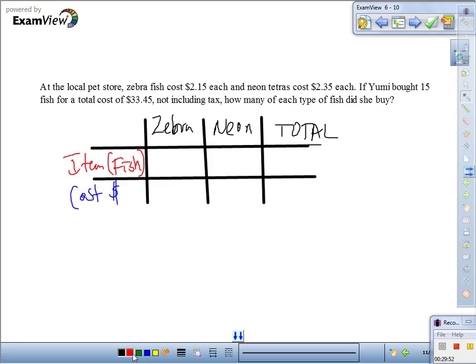All right. So with that said, who can help me with the first row right here? First row. How about Elizabeth?